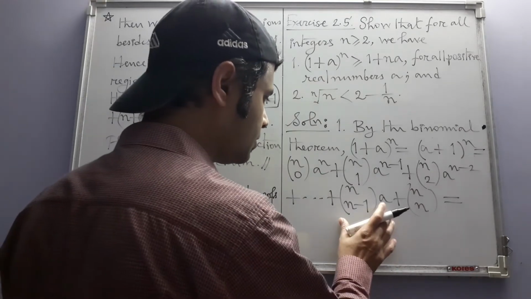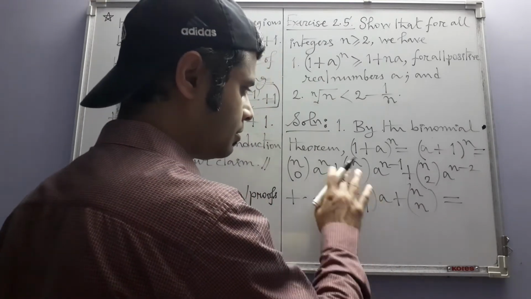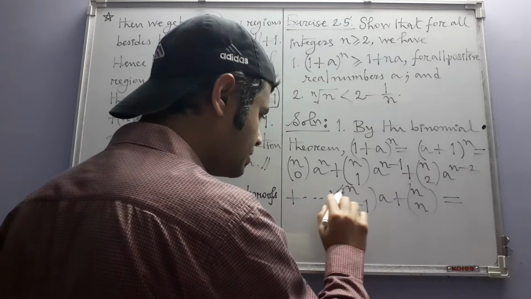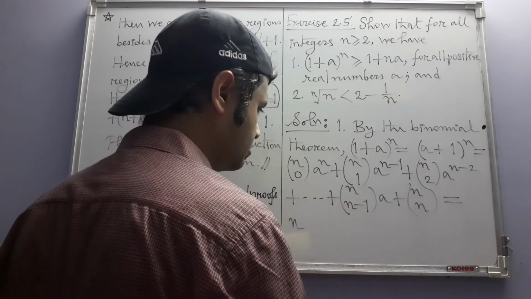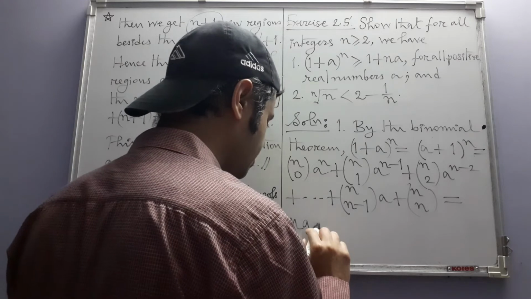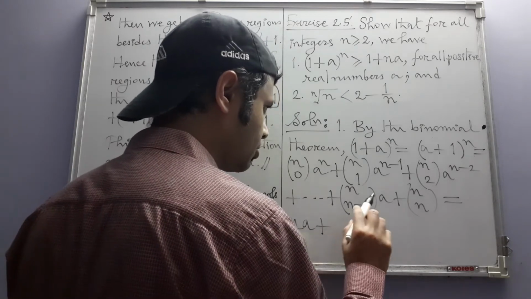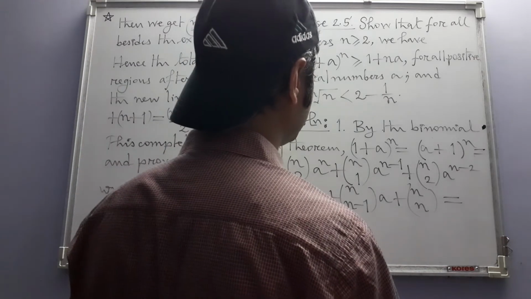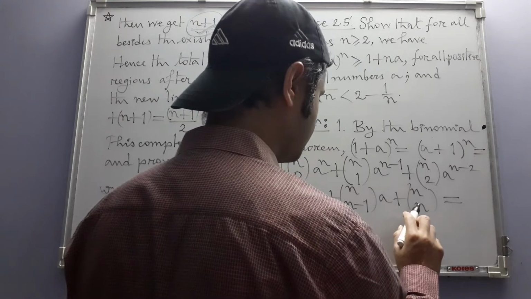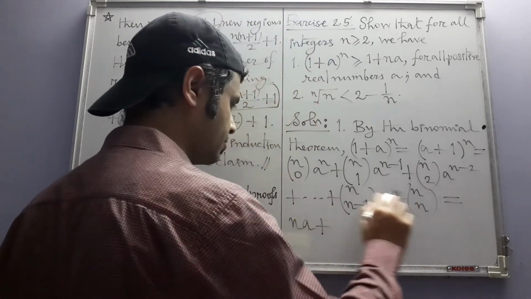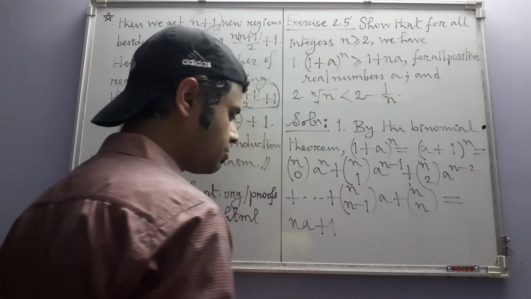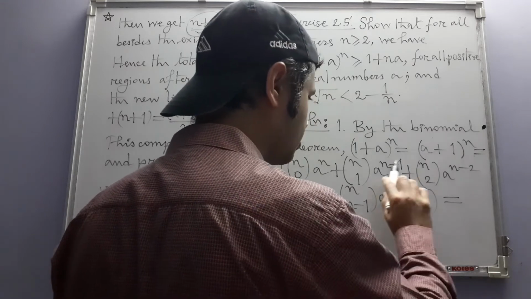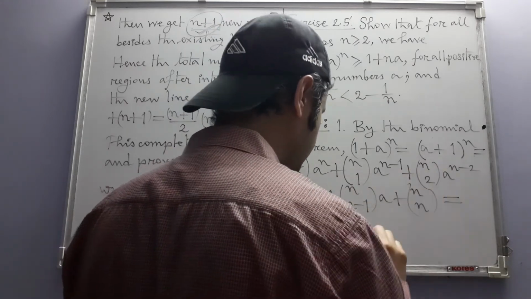Now we isolate this and write the rest of the terms separately, and we know that this value is nothing but n. So na plus, for the others, since we don't need the others actually, we won't bother to write them except this one perhaps. So we write these two things and write the rest of them together. So we don't bother to simplify these other terms.